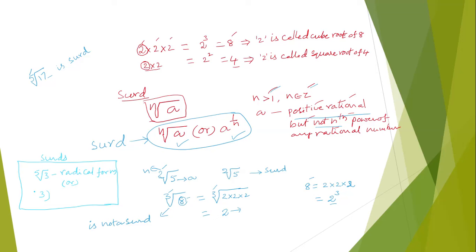Here the base is 3 and the power is written as 1 by 5. This is called exponential form.